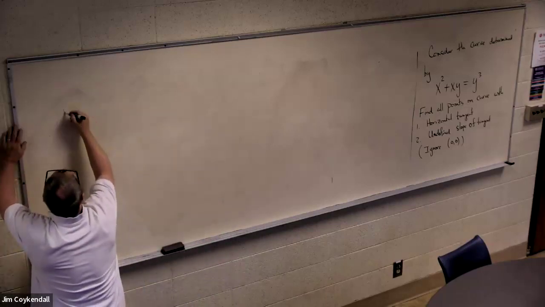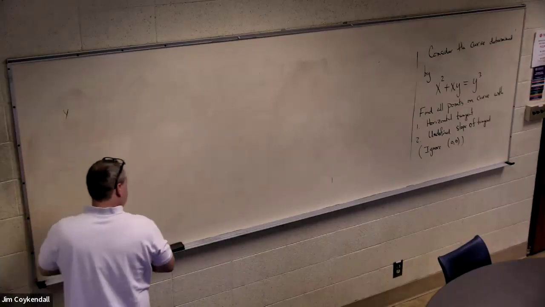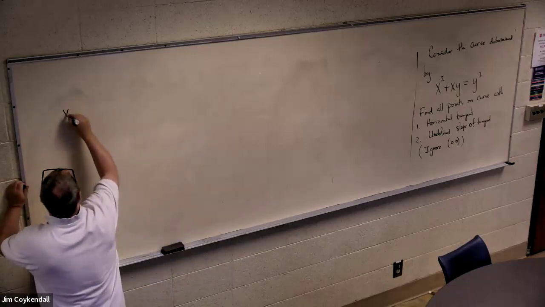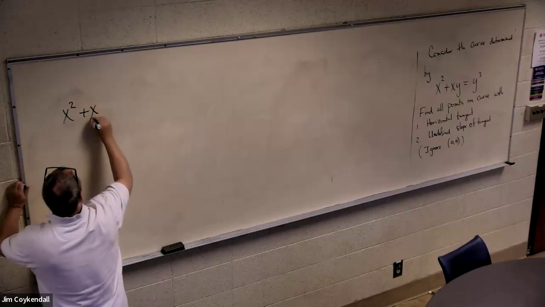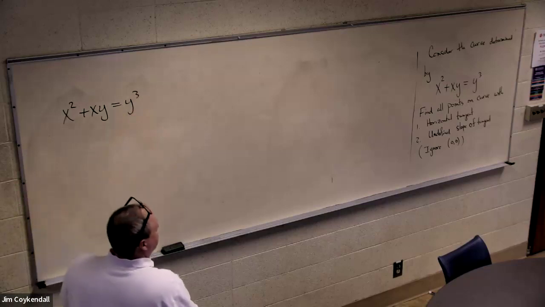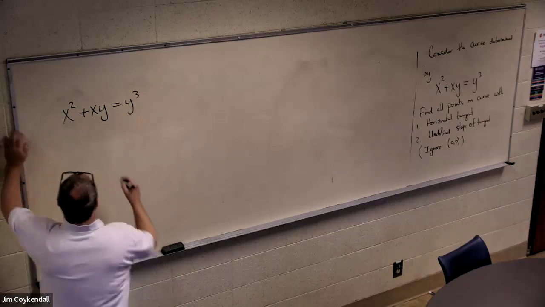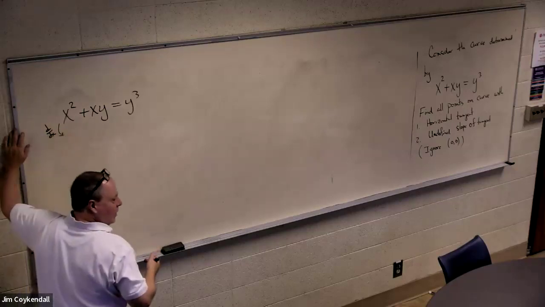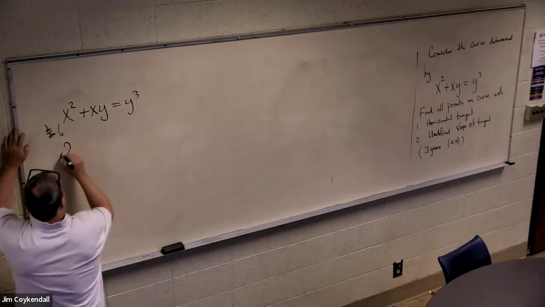So you have x squared. Right, so the d/dx is trying to get at the y. So this is 2x.